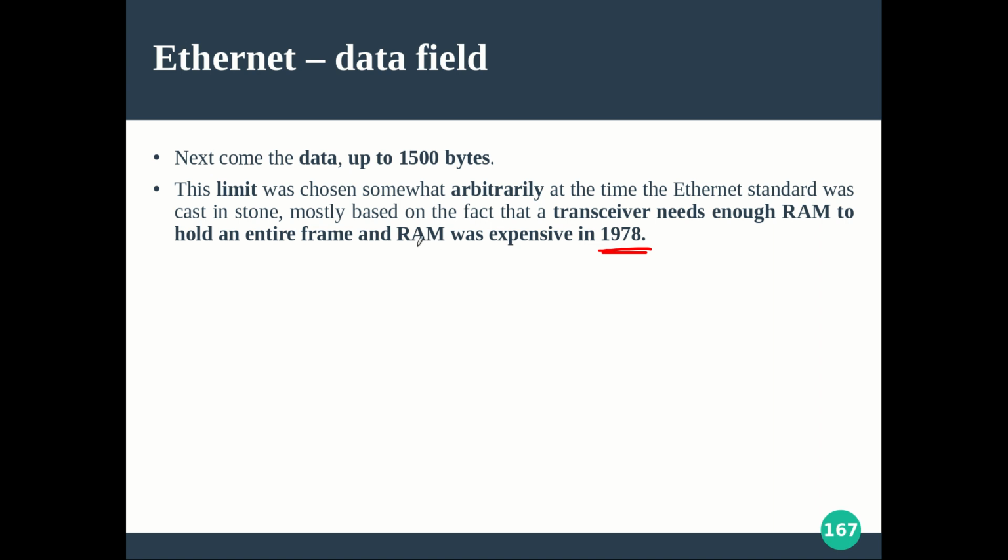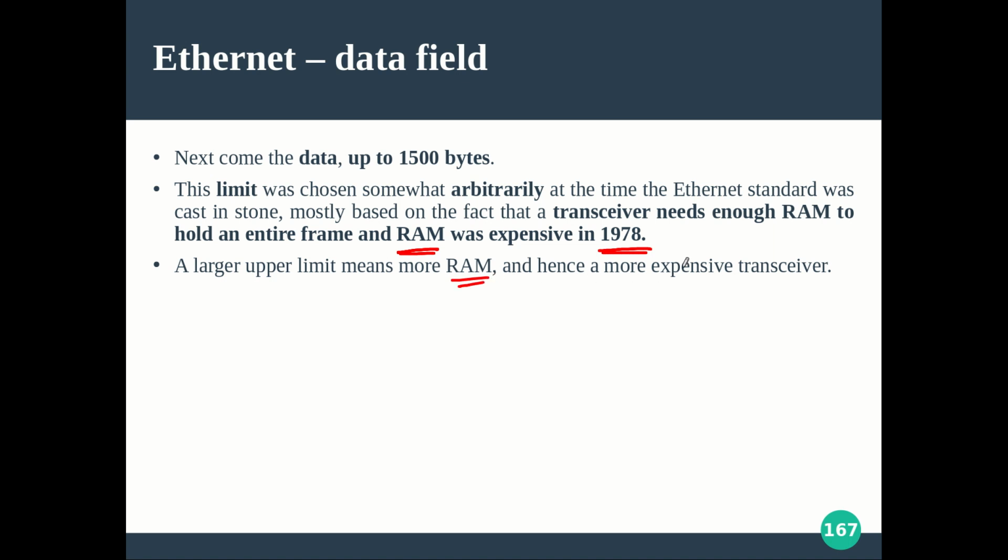But when this Ethernet standard came up, RAM was expensive, and if the frame is of a size bigger than this, then we need that much expensive RAM. More RAM is needed, which will make the entire system costly. So to avoid that, they have such a limit, arbitrarily chosen depending on the cost they can spend. A larger upper limit on the data size means more RAM, and hence a more expensive transceiver, of course.